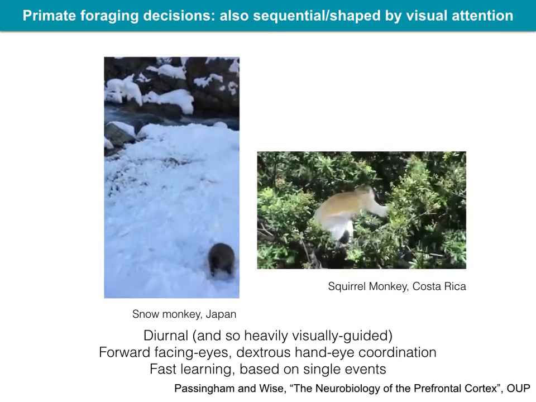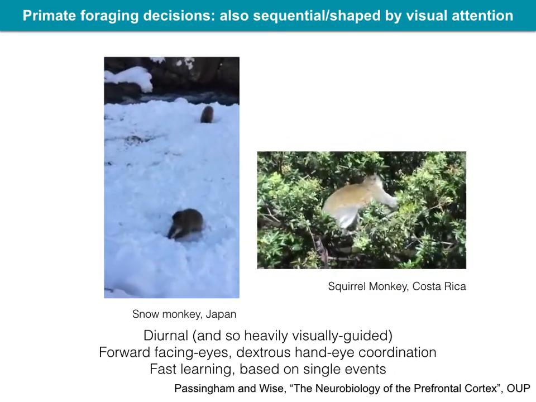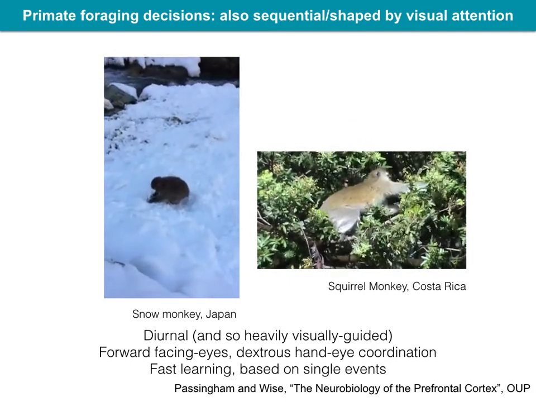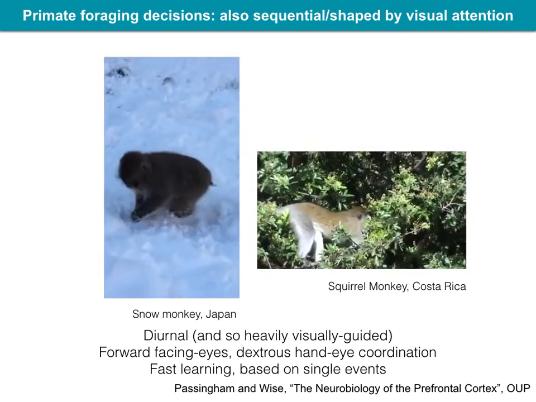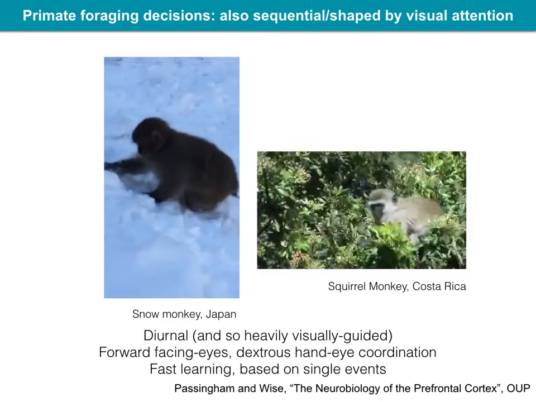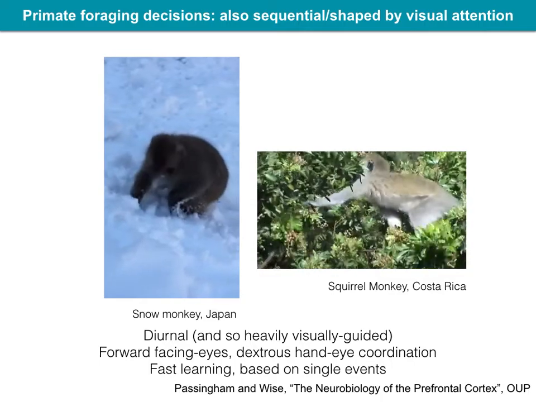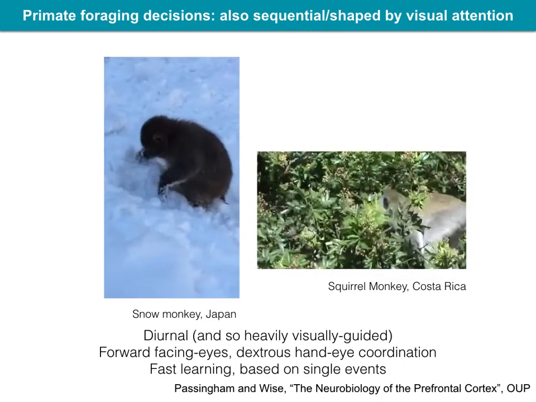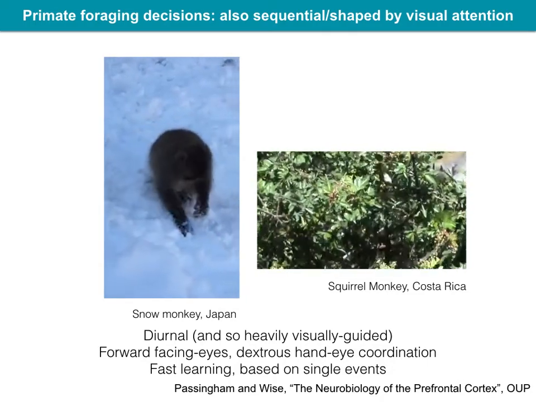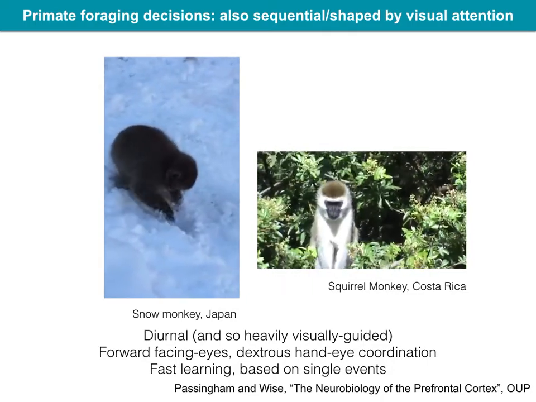I think that a second reason why we might start to think about decision making from this more sequential perspective, particularly in primates, is that these might be the kinds of decision that primates have evolved to make. So in some ways, the sequential decision that I just showed you in the supermarket is kind of similar to the kinds of decisions that other primates make when they're out foraging for food.